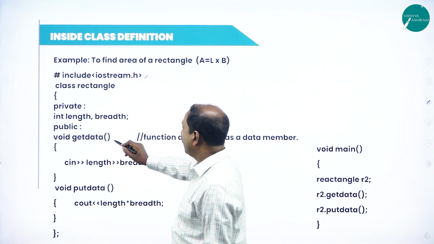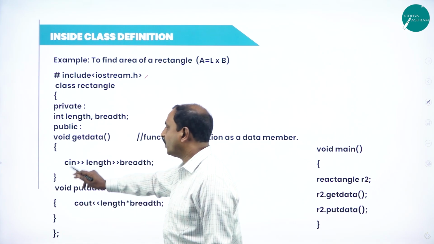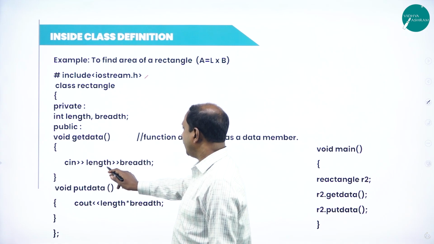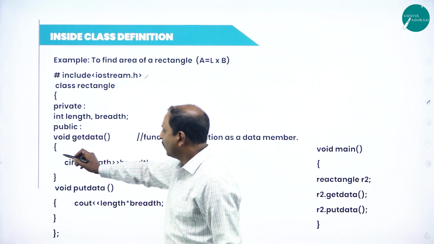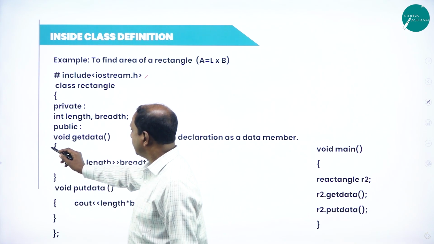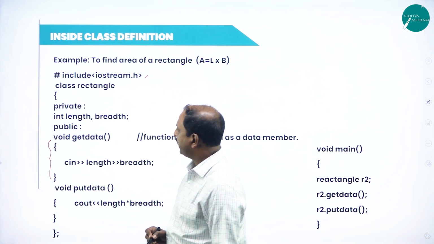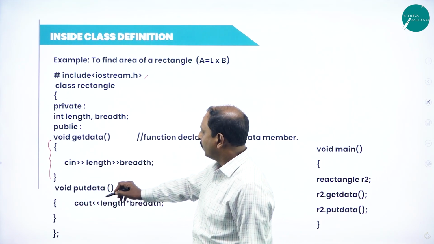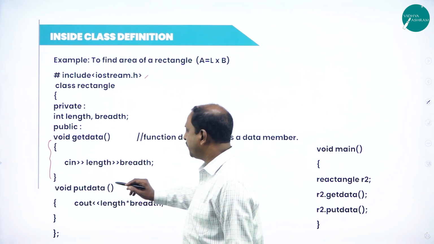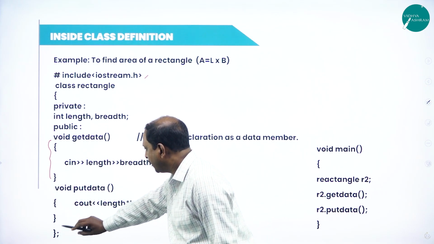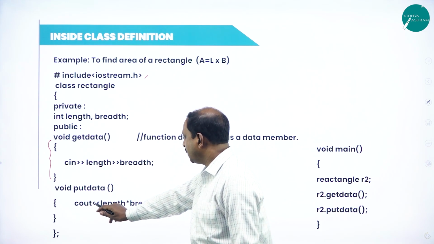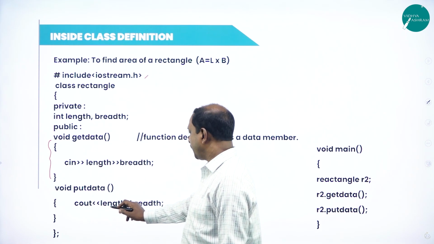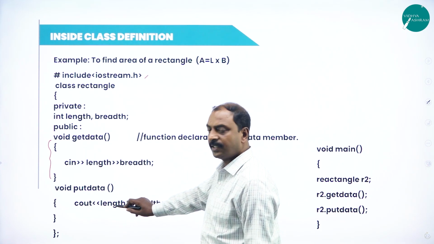Immediately after declaring the function, we write the statements for this particular function, get data. Here the statement is cin, length and breadth, and we close the function. So in this example, this is one function declared inside the class. Similarly, after closing this bracket, we have defined one more function, void put data. Again open the bracket and write the statement, cout, length into breadth. The cout is the output statement to print the result.